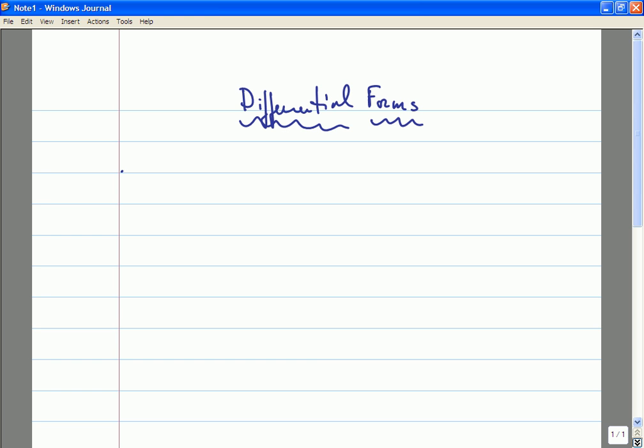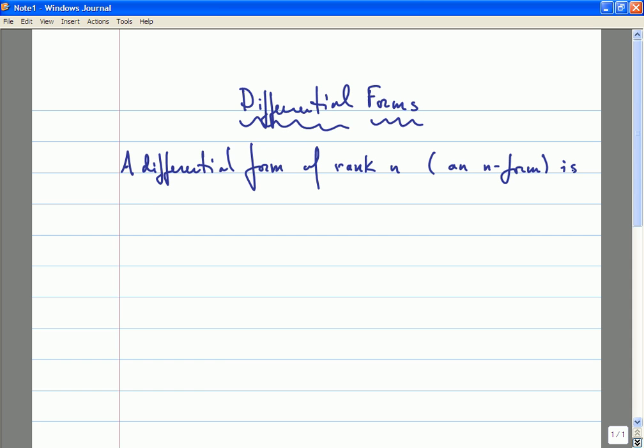A differential form of rank n, or just an n form, is a completely anti-symmetric 0, n tensor.